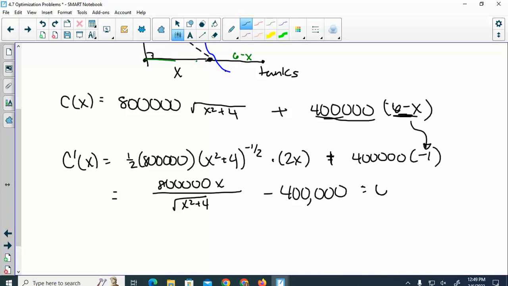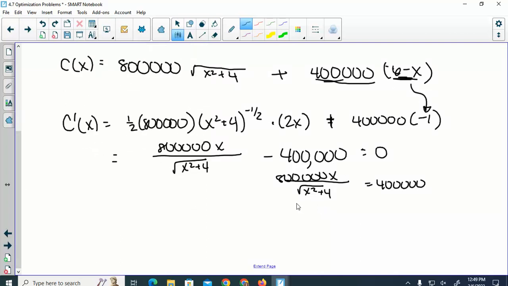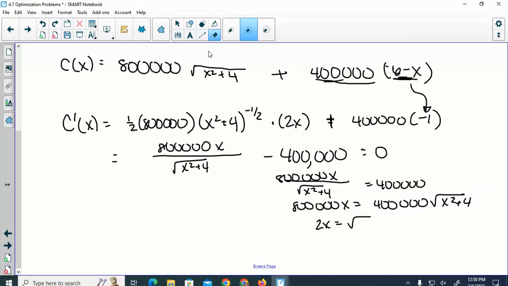So for maximum and minimum, we would set our derivative equal to 0. Can I make life a little bit easier and divide by 400,000 on both sides? So then what would you do?